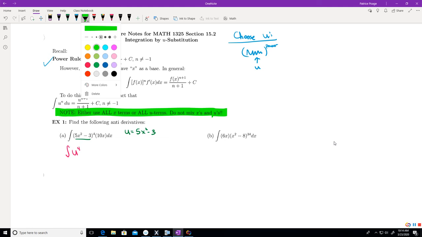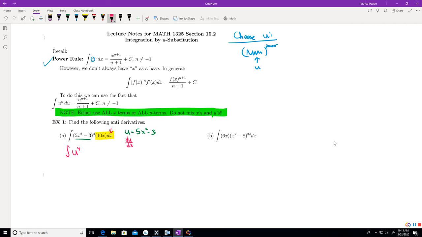What we need to do now is replace 10x dx with something that equals it exactly. The way we find that is we take our u term and take the derivative of everything with respect to x. If I take the derivative of u with respect to x, I get du/dx, which equals 10x to the 1, plus 0.